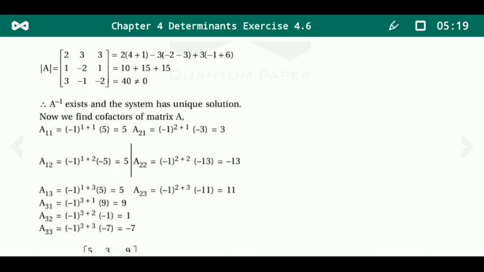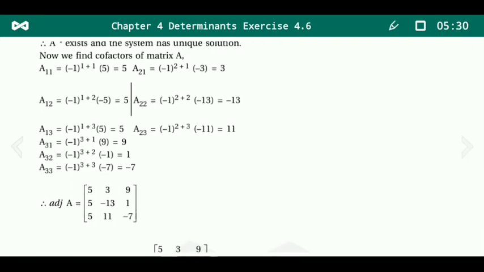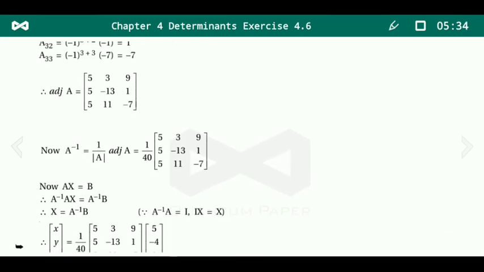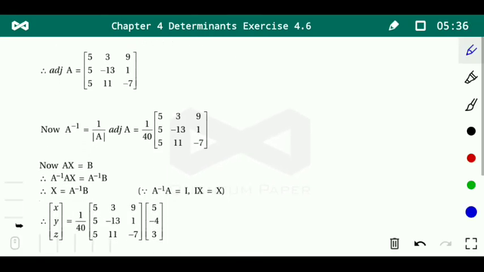Now we have to put the value of cofactors in the formula of adjoint of A, and then put the value of adjoint of A and determinant of A in A inverse. So it gives adjoint of A is 5, 3, 9; 5, minus 13, 1; 5, 11, minus 7.